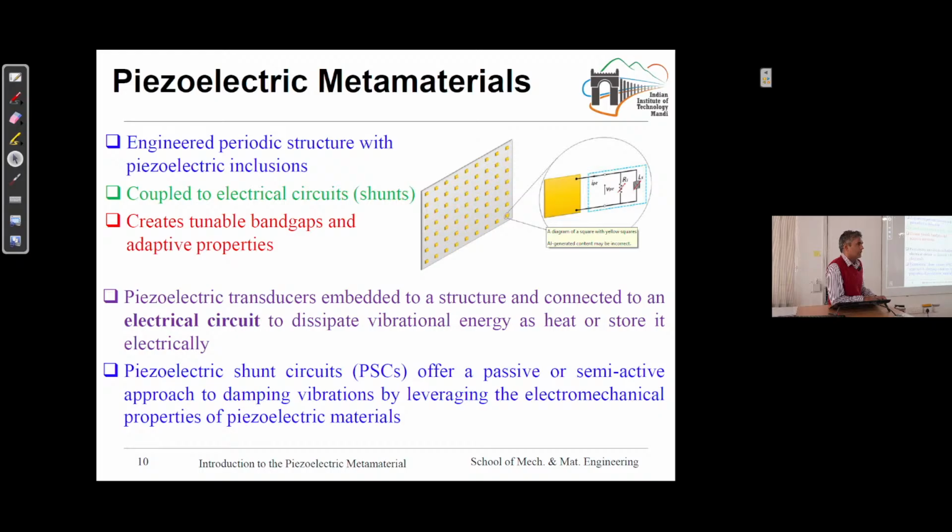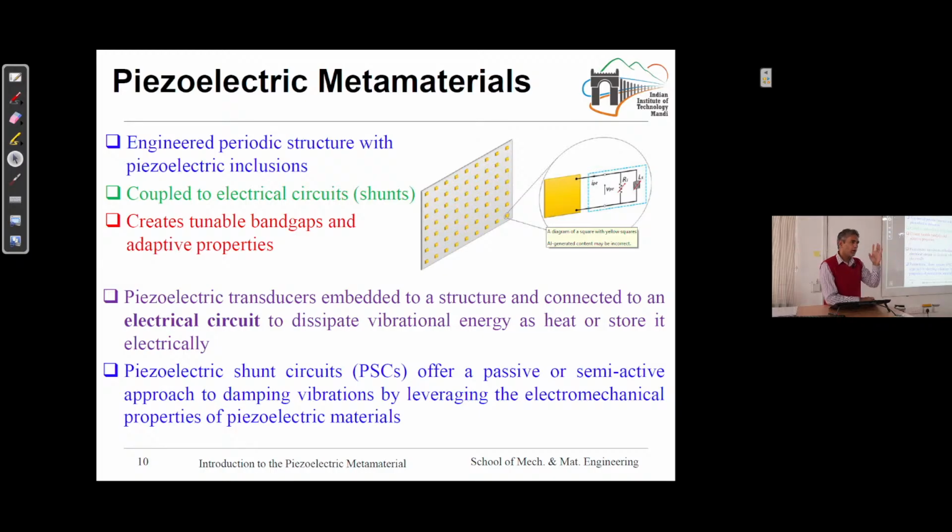Those who work with or are aware of piezoelectric materials may be aware of the smart structure where we have sensor, actuator, and controller. Basically, it senses the vibrations and then applies force by the actuator on the structure.